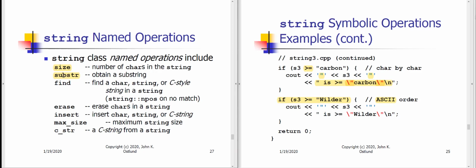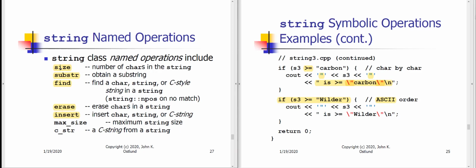The substring will also be a string object. We can find an individual char or a string or a C string within a string object. We can also erase characters within the string, insert individual characters, strings, or C strings in the midst of strings. So erase and insert should make pretty clear that string objects in C++ are not immutable as str objects are in Python.